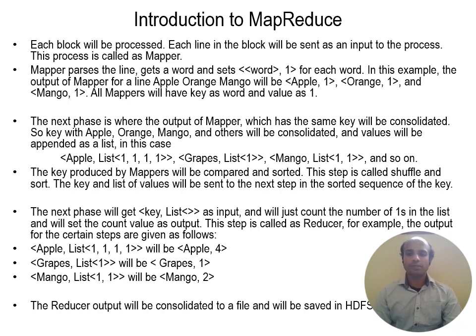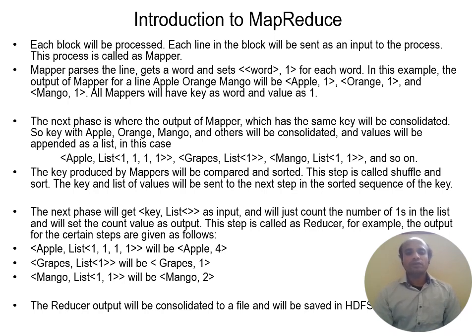In this example, the output of the mapper for the line apple, orange, mango will be apple 1, orange 1, mango 1. So all mappers will have the key as the word and the value as 1, which is the value of that specific fruit.